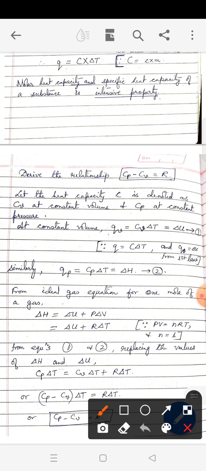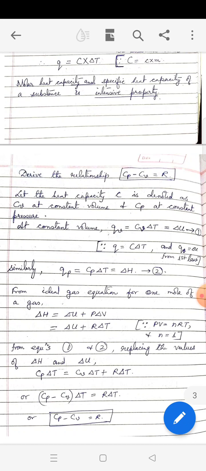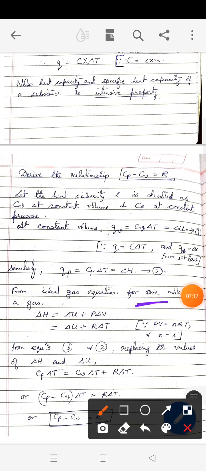Now from the ideal gas equation, what we know, delta H is equal to delta U plus P delta V, if you remember. And we also know that delta H is equal to delta U plus delta ng RT. But since we are considering 1 mole, that n is becoming 1, so we are taking only R delta T. We cannot take delta R, remember, R is a constant, so it will not have variation.